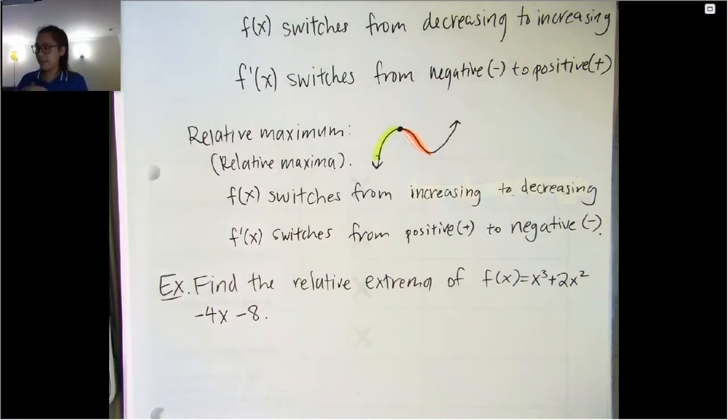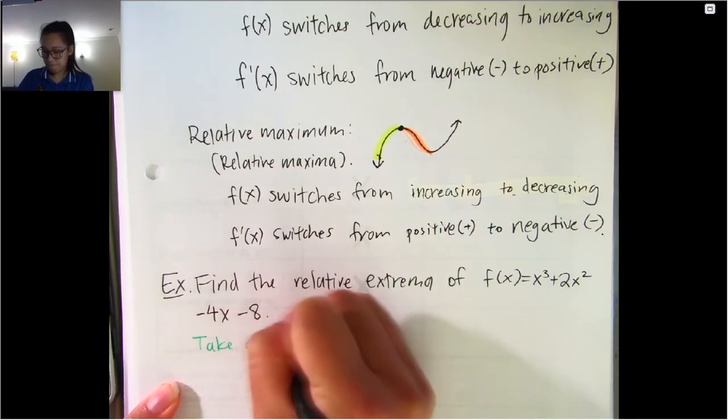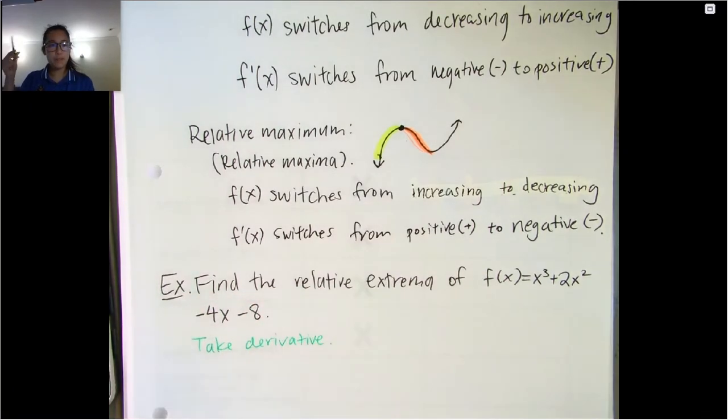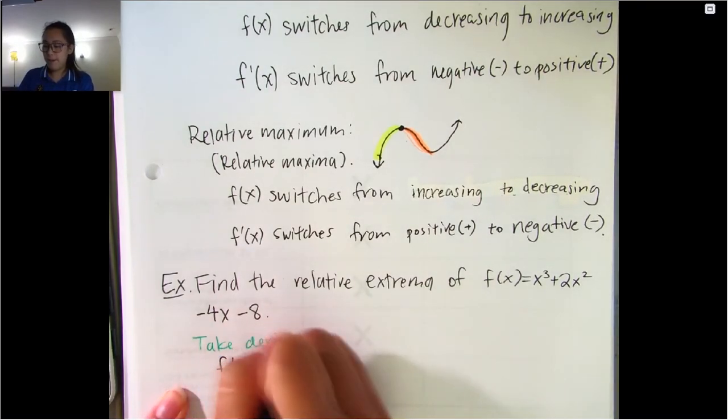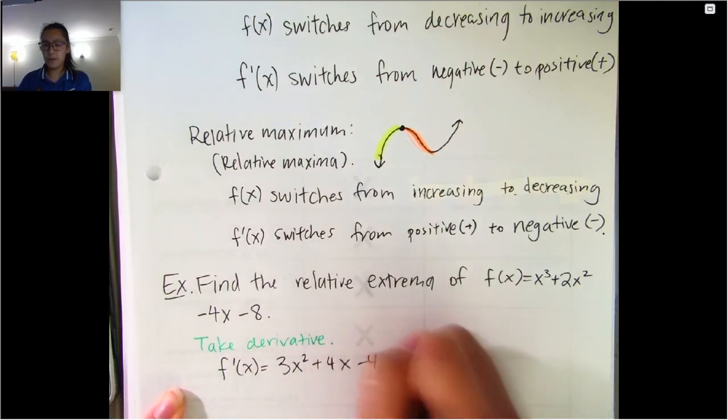So again, first step, you're going to take the derivative, but we've done this before, so you should be familiar with what the derivative is. Remember, I put directions in green. So take the derivative, and so we have f prime of x equals 3x squared plus 4x minus 4.